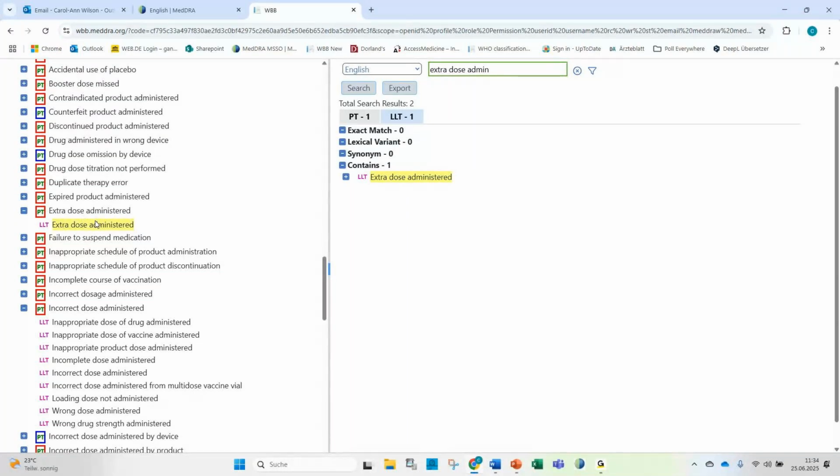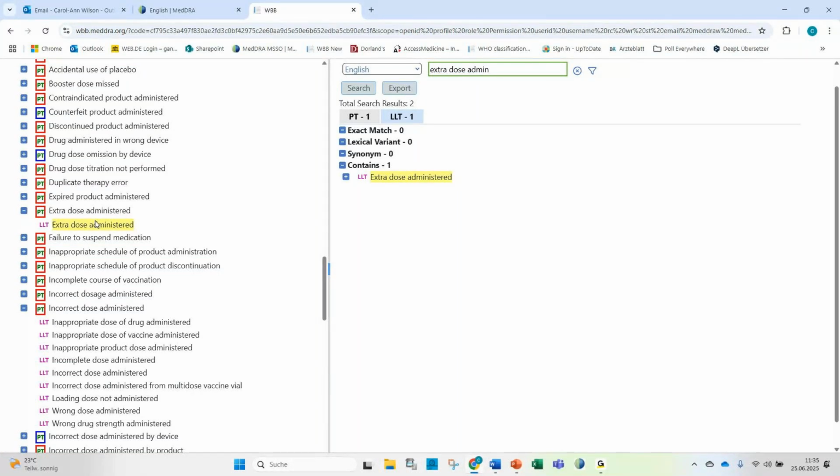This term should be used when an extra dose is administered once or only sporadically, not regularly. An extra dose that is administered regularly represents a deviation from the administration schedule. So again, be fully clear about the concepts that are available in MedDRA. This really represents a schedule issue.